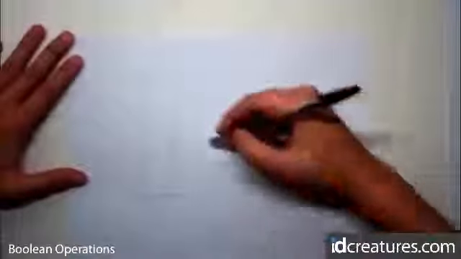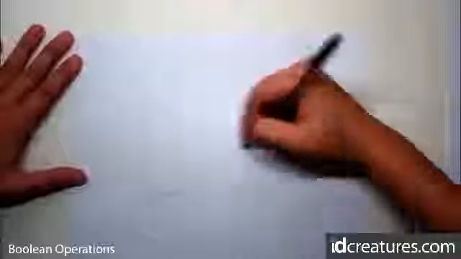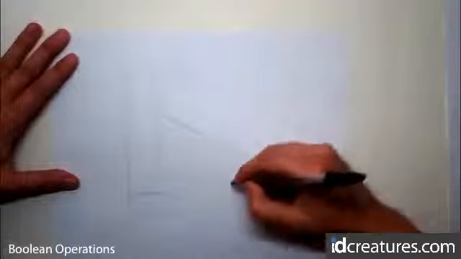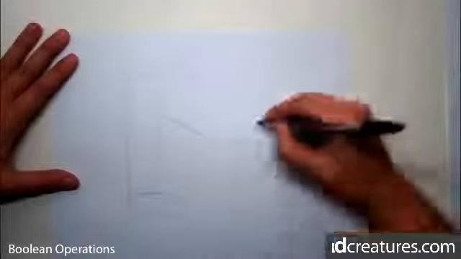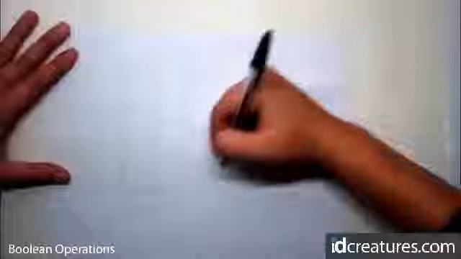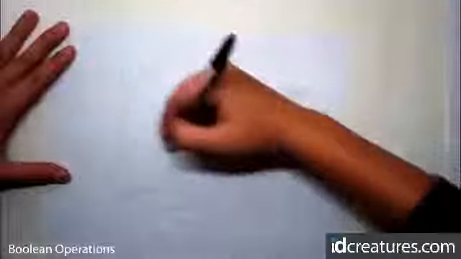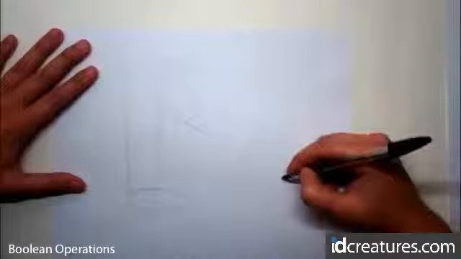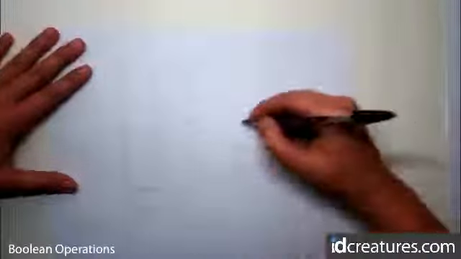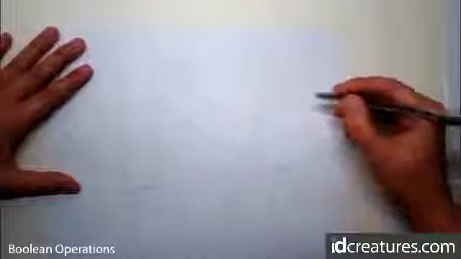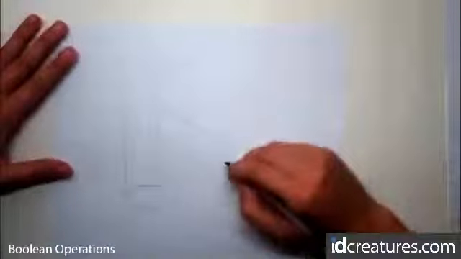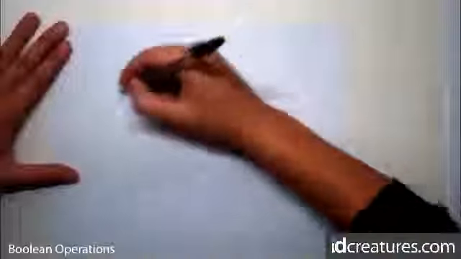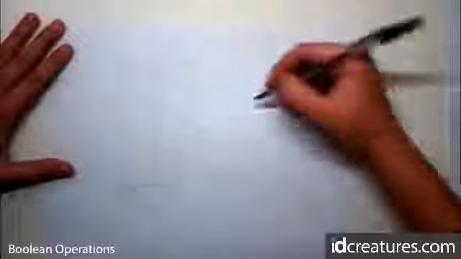Now you have one coming in this direction, and you have the major axis, like we learned in the ellipses and cylinders tutorial. You have a minor axis, which would be this one, and a major axis, which is that one. And you have the other one right there. Okay, so you have both cylinders right here.